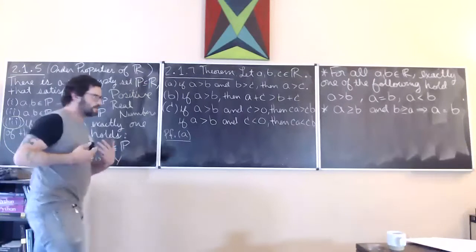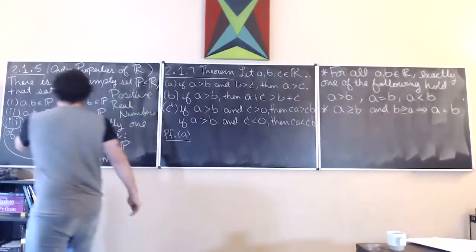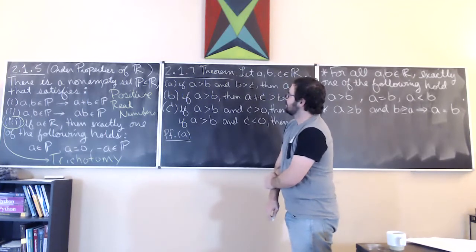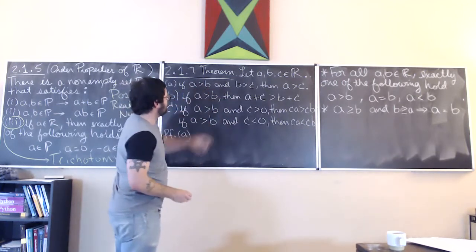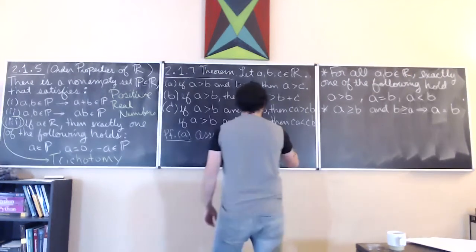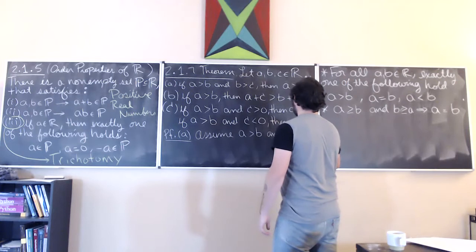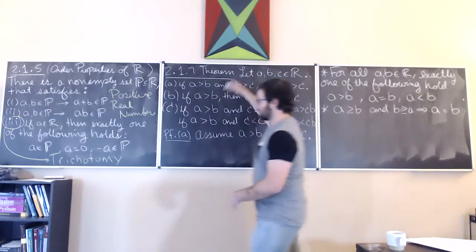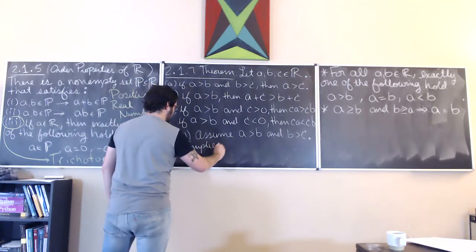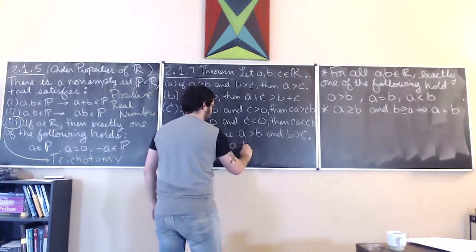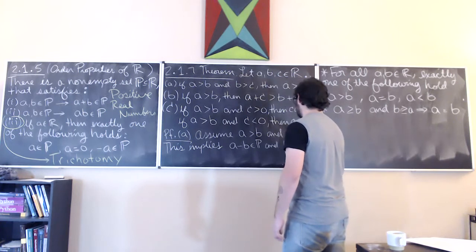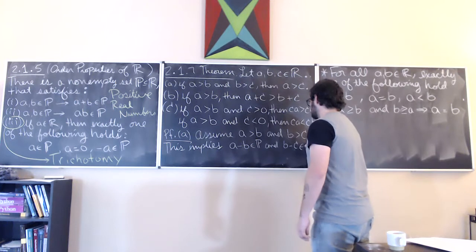All we can work with is this information here, the little bit that I erased, and these properties here. So I'm going to assume that A is greater than B and B is greater than C. The part I just erased implies that A minus B is a positive real number, and B minus C is also a positive real number.